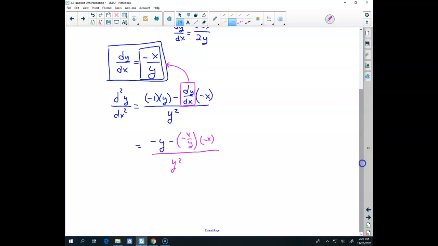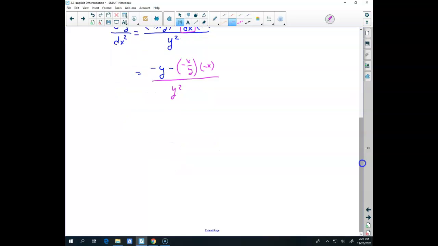over y squared. And I'm going to keep chugging along here and say, well, that equals negative y. That's a negative, a negative, a negative, and a negative. This is going to be minus. That's over 1. So that's x squared over y, isn't it? Over y squared. Well, most people are going to look at this and say, ooh, I need a common denominator.